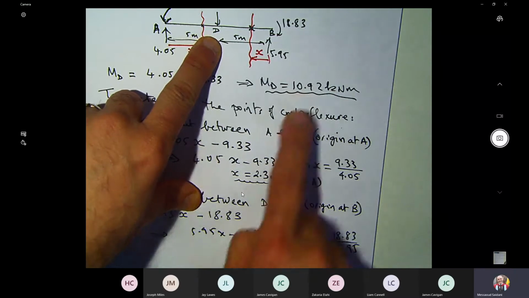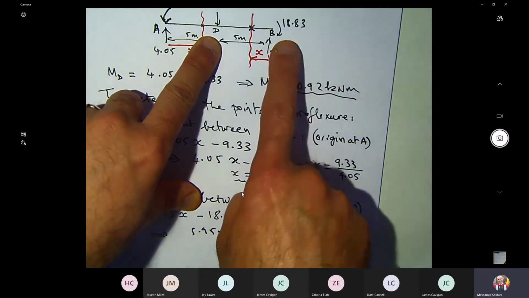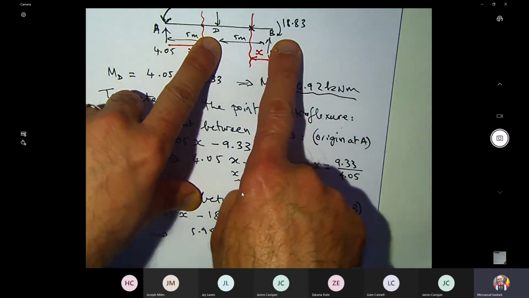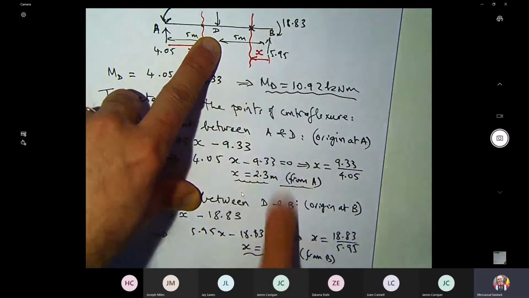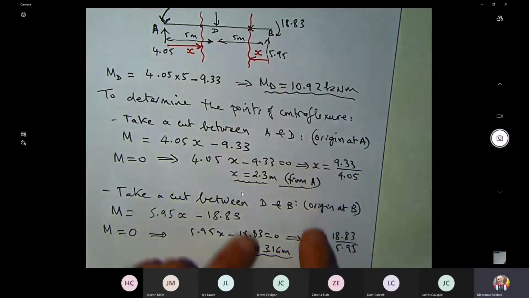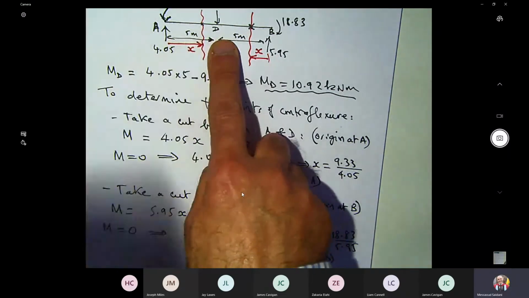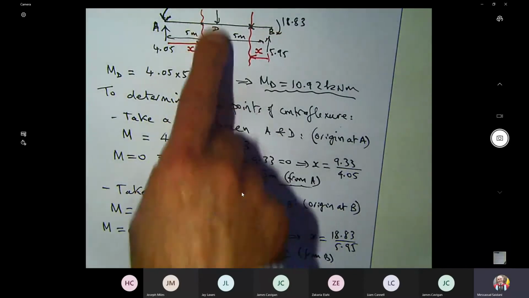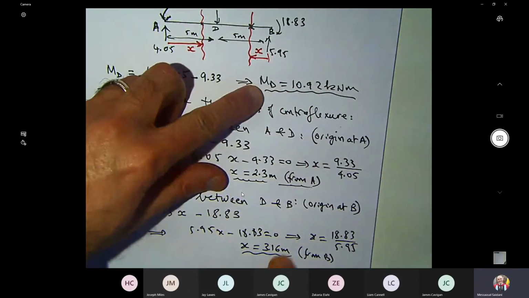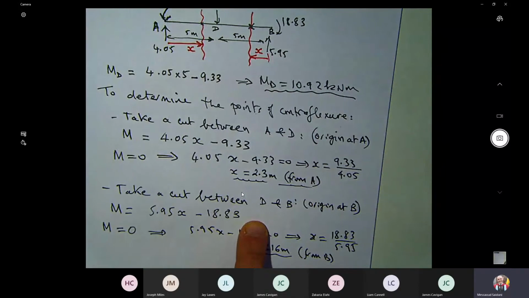So can you see this moment here is about a third of this moment? About half, sorry, isn't it? So you wouldn't accept any values, first of all, bigger than 5. And just by looking at the moment values here, you can roughly say it's about a third of that.